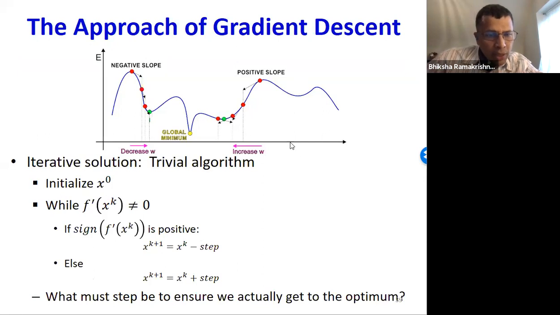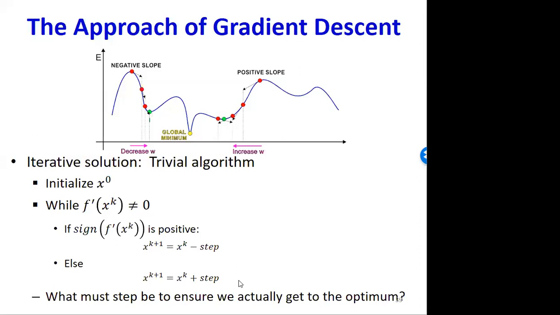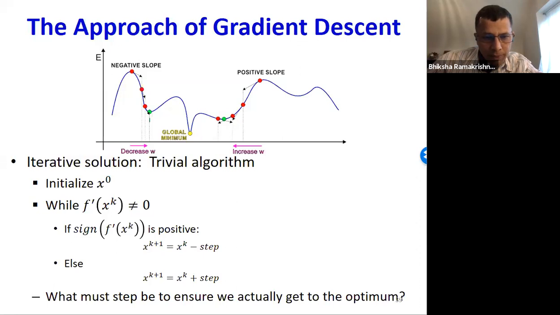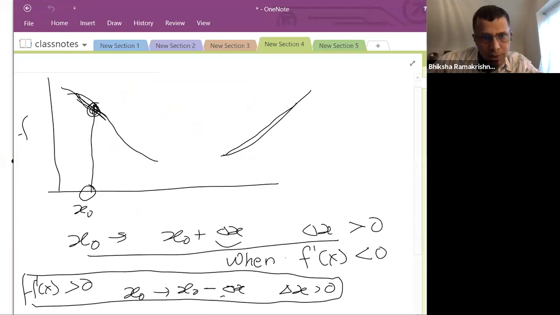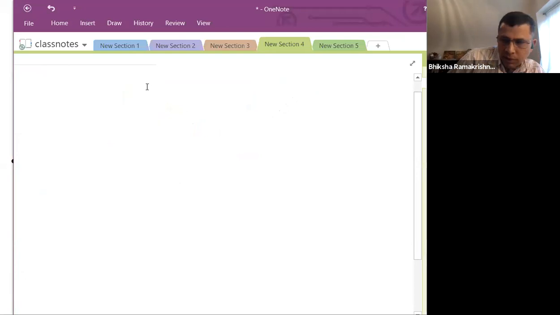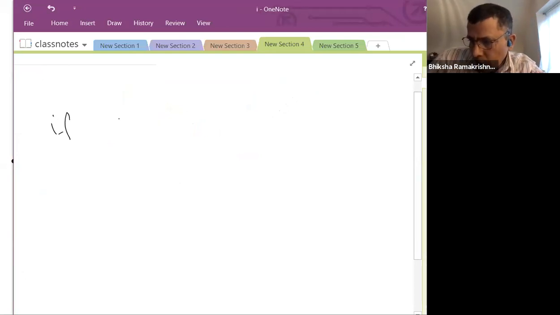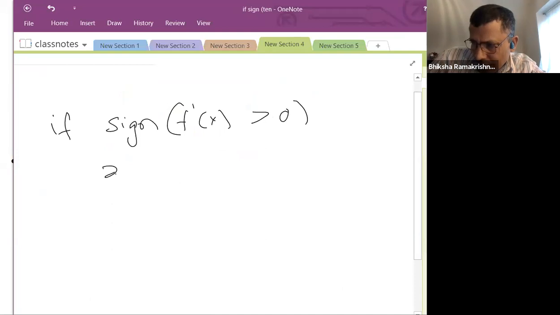Now, can you think of a way of writing this ugly thing in a more compact manner? In one line. Anyone? So here's what I've got. If sign of f prime of x is greater than 0, x goes to x minus delta x.